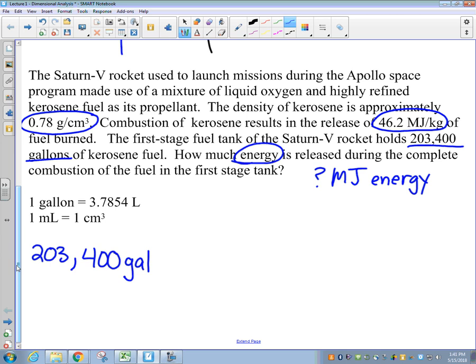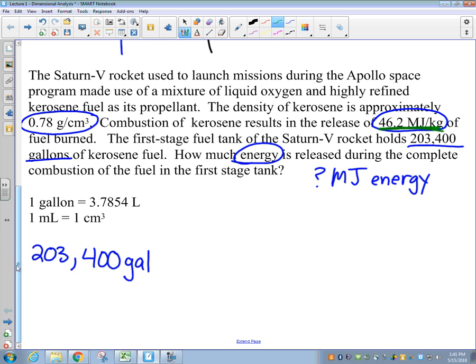If we scan our problem, the only thing that gives us units of energy here is this 46.2 megajoules per kilogram of fuel burned. So I know that the last thing I'm going to be using is going from the megajoules per kilogram to megajoules of energy.